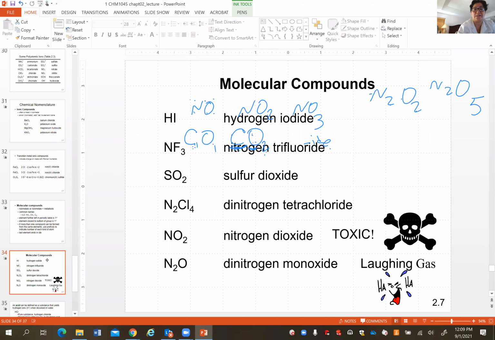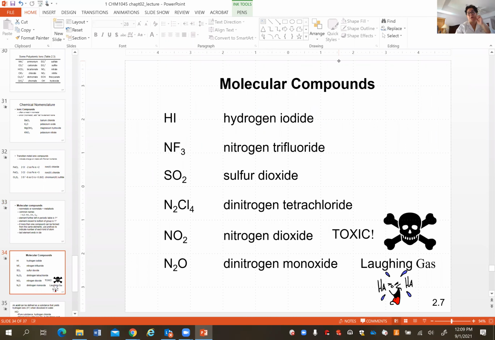So let's look at these examples. There are a few compounds that have an accepted name. Like, you don't say dihydrogen oxide. Everyone knows that H2O is water.